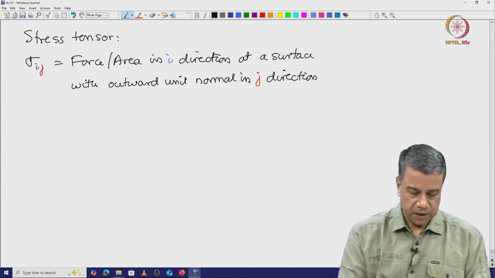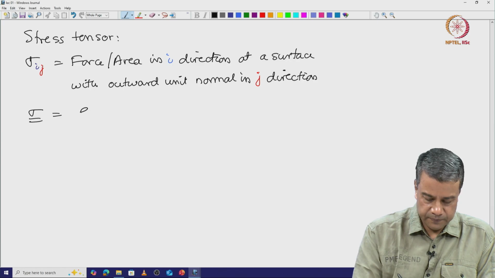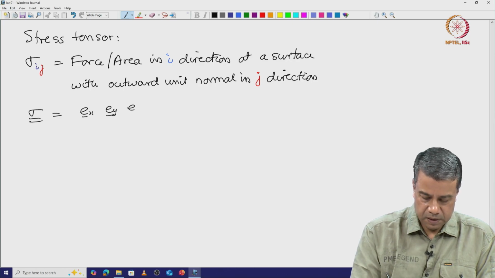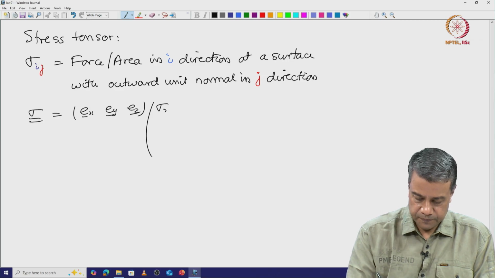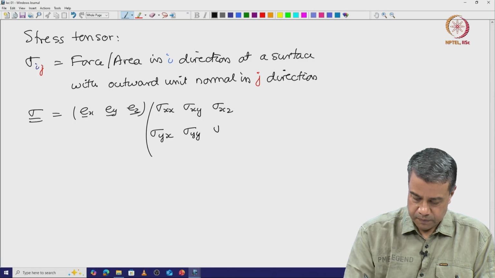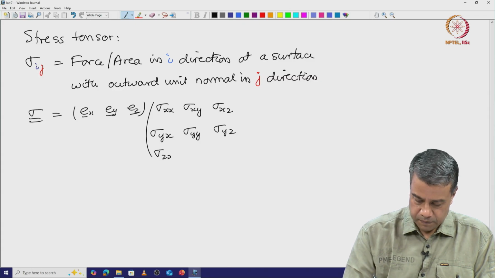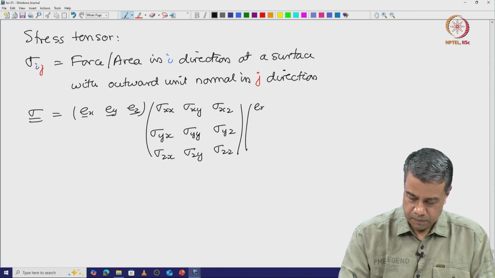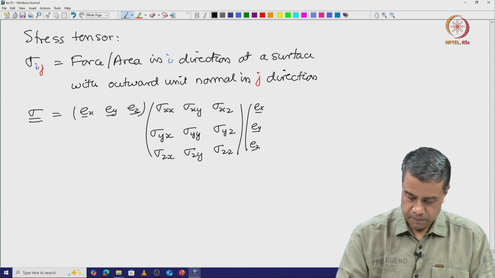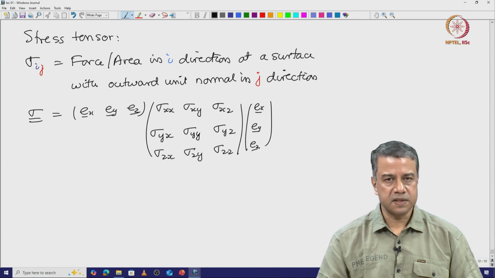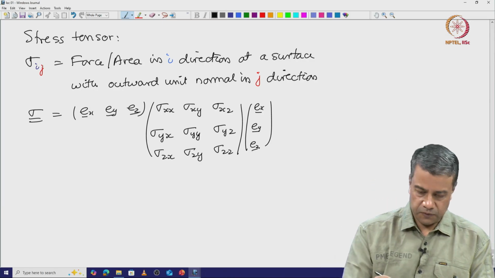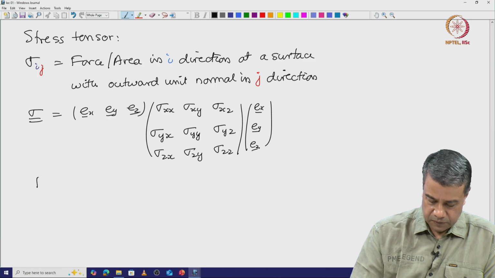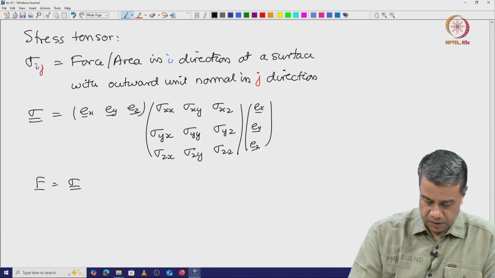Okay. The entire tensor I had written for you in matrix form with Ex, Ey, Ez. So, this was the stress tensor, okay, and the force is defined as sigma dotted with the unit normal.